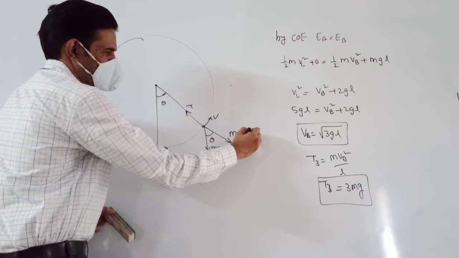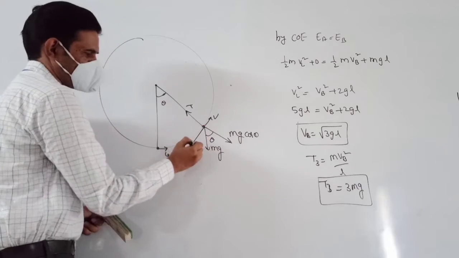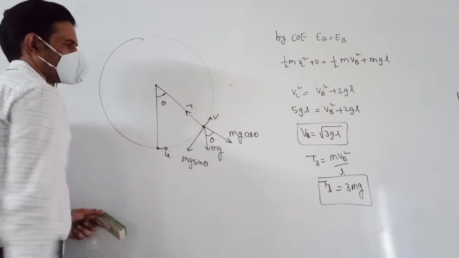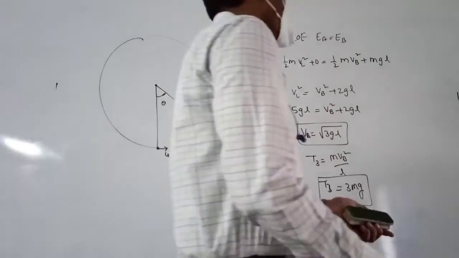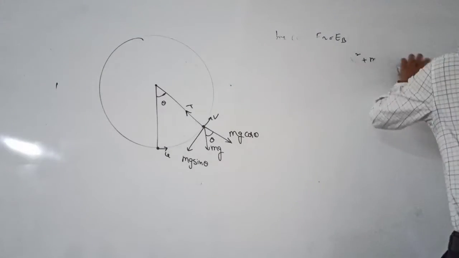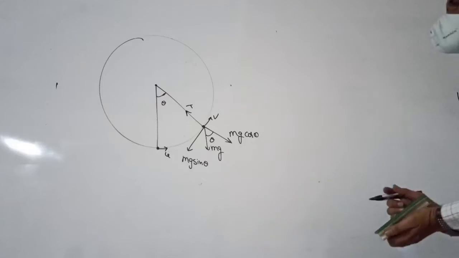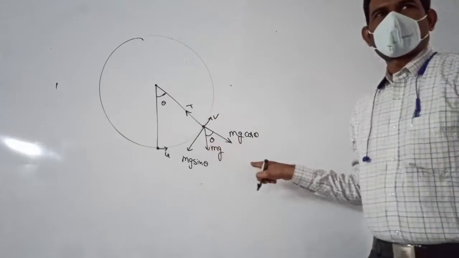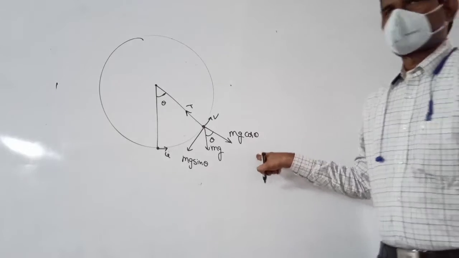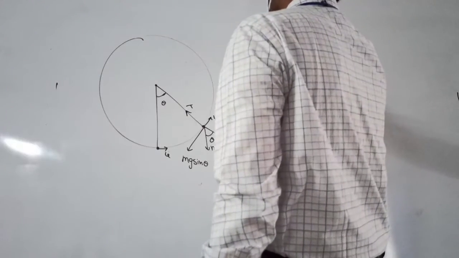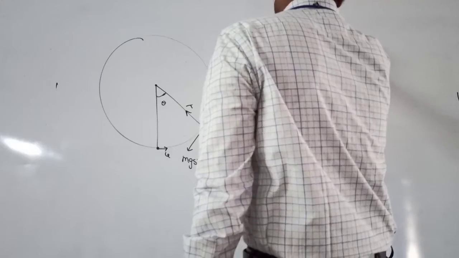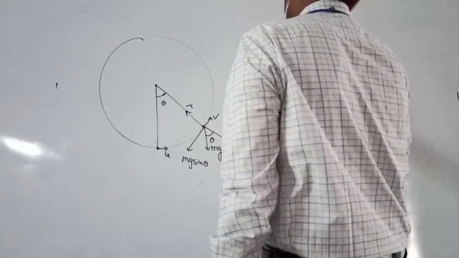Now for this can you say the force equations here? The centripetal force equation, if you write, T minus mg cos theta is the centripetal force. So T minus mg cos theta is equal to m v square by L. So this is our force equation. Let's suppose this is equation 1.